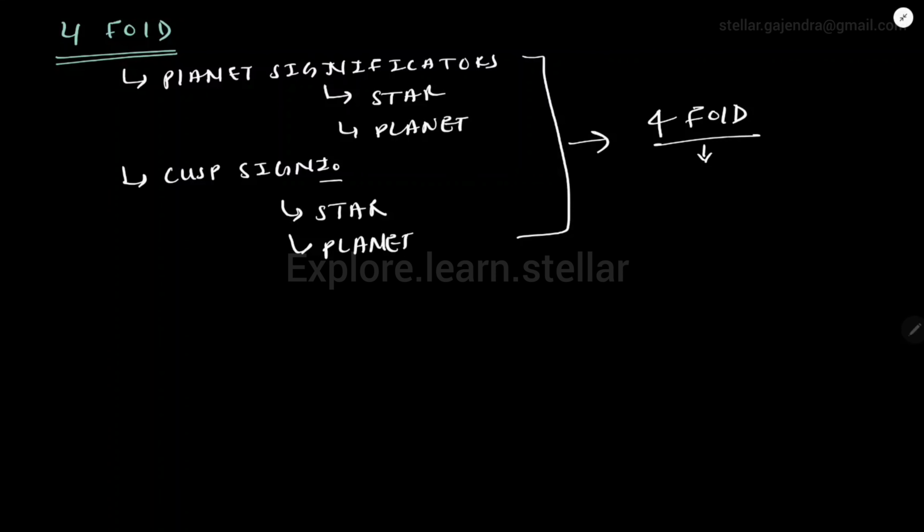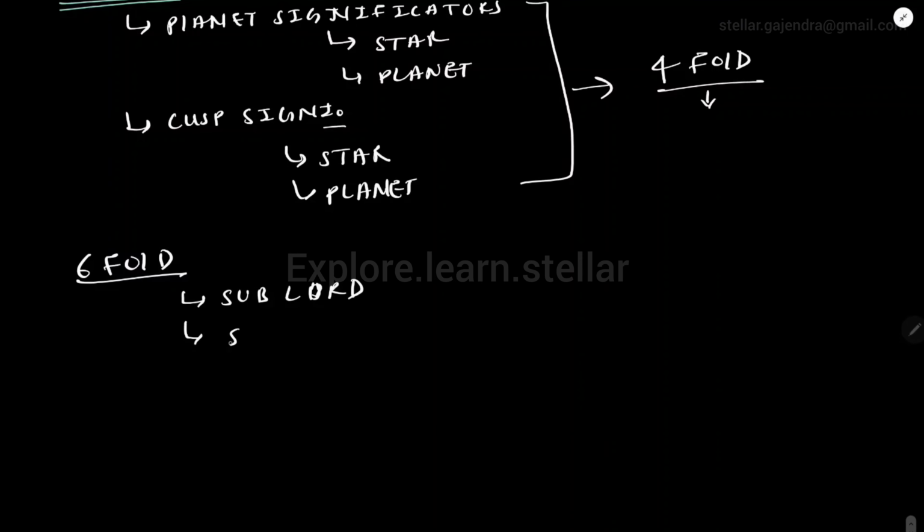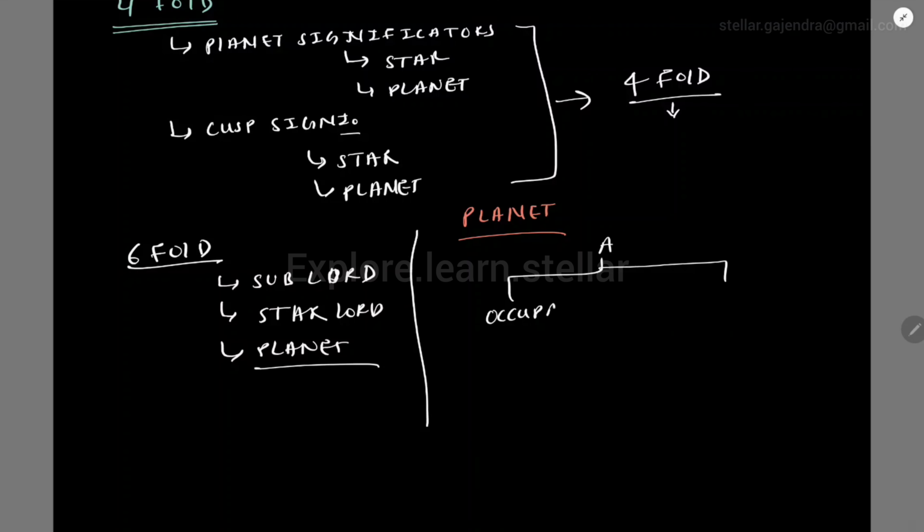There is one more kind of significator that we can identify, which is called the sixfold significator. In the sixfold significator, they include the sublord. So for all the planet and cusp significators, we have three subdivisions: the first is sublord, second star lord, and then the planet.